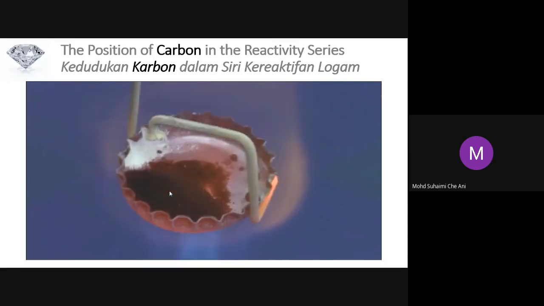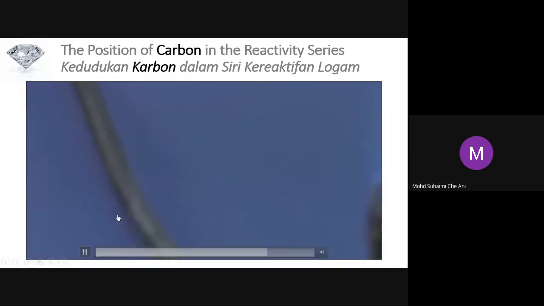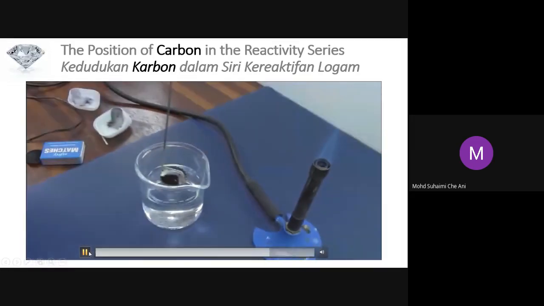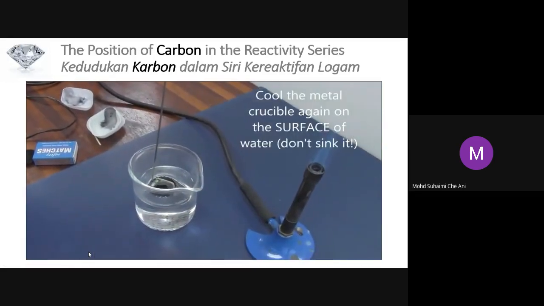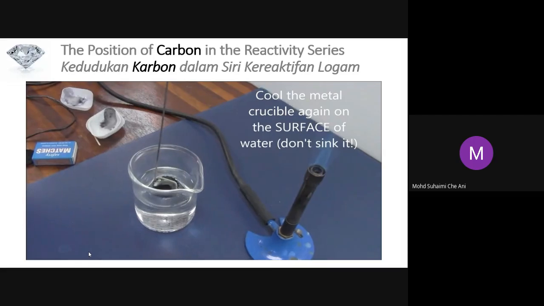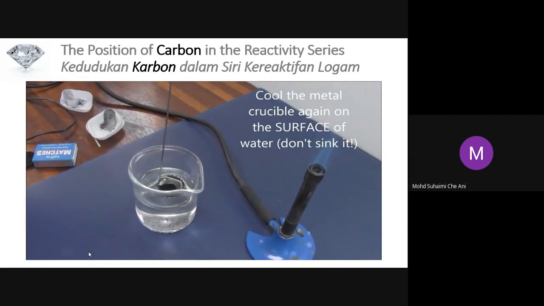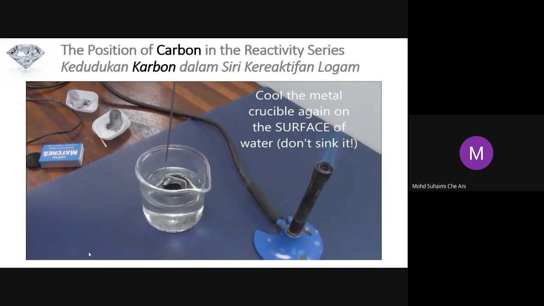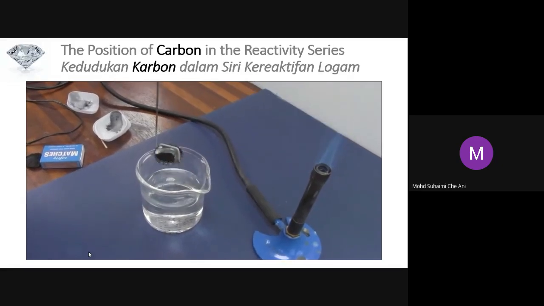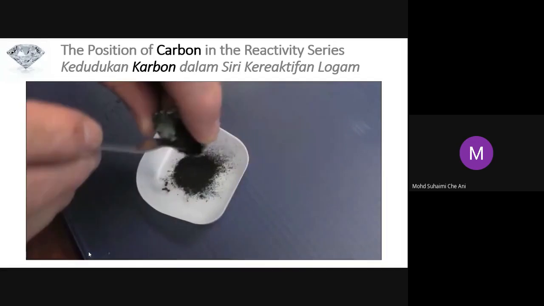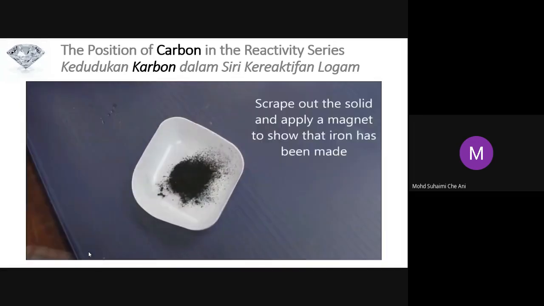But it's okay. We know that if there is a reaction, carbon will take the oxide from the iron oxide. So it becomes carbon dioxide. It will leave the metal alone. So in this case, we will get the pure iron metal. We will get the iron.